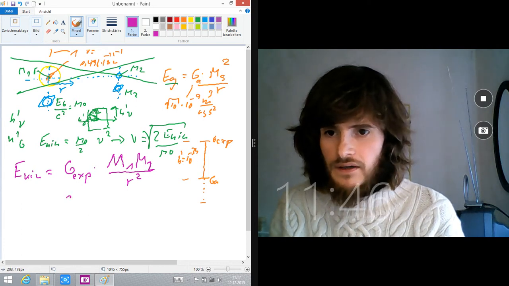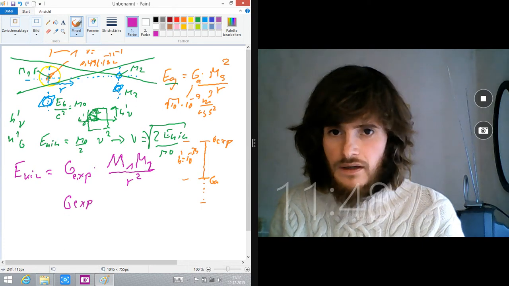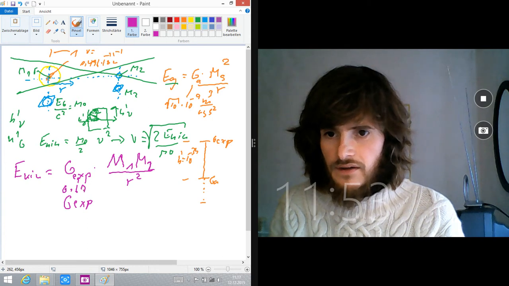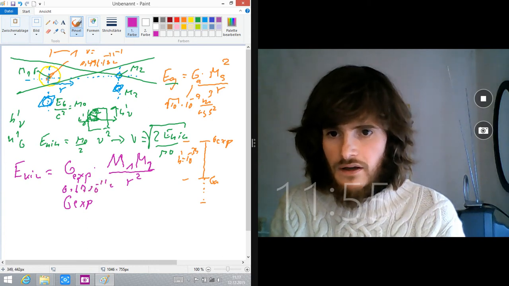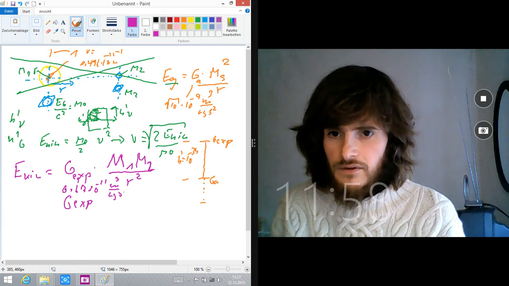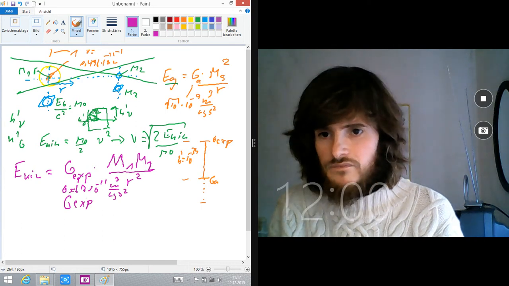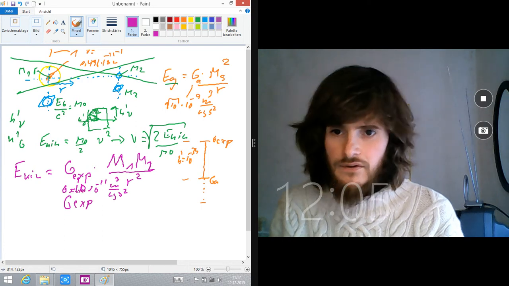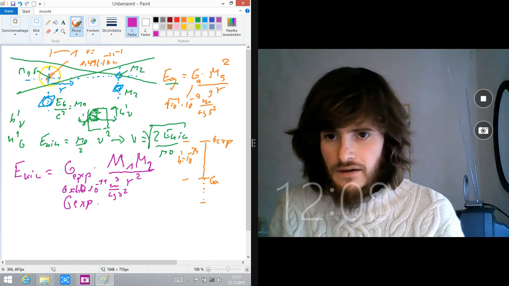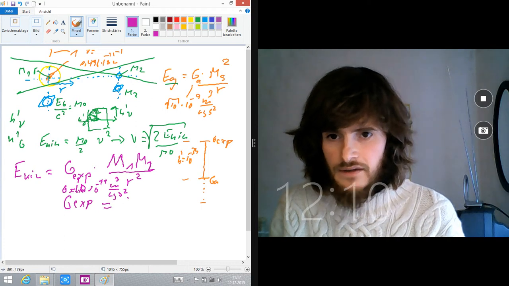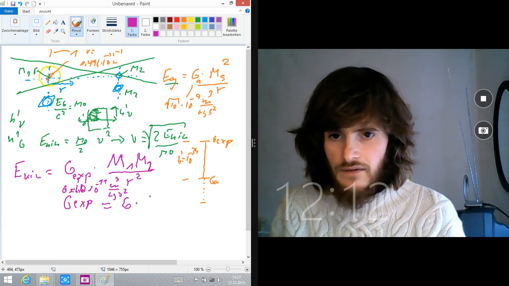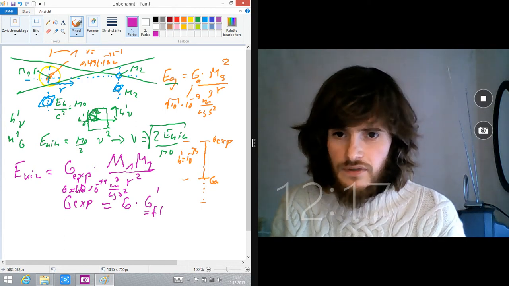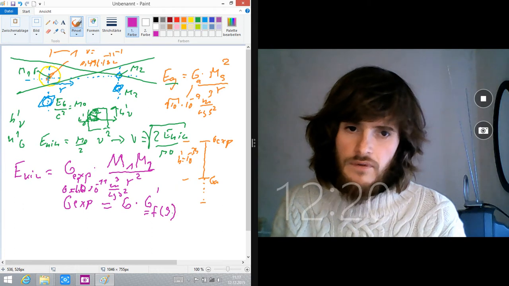As we say, G experimental is 6.67 times 10 to minus 11 cubic meter per kilogram and second squared. This is known from school as the analytical value times the value G bar. It depends on entropy. We can calculate it from the Hawking law. Okay.